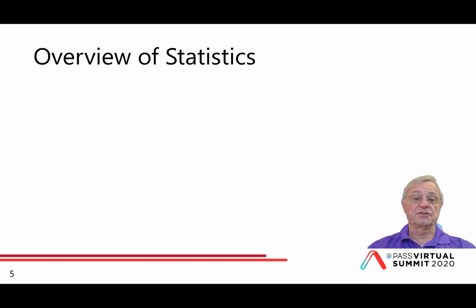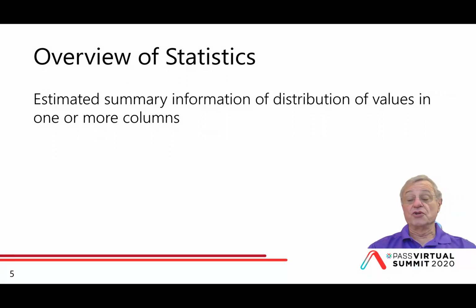Overview of statistics. I usually don't like to read from my slide deck, but this is such a well-stated statement: estimated summary information of the distribution of values in one or more columns. Key parts of that are, number one, and I really want to emphasize this, estimated. Statistics are not precise. On rare occasions on tiny tables they're precise, but the vast majority of times they're only estimated.